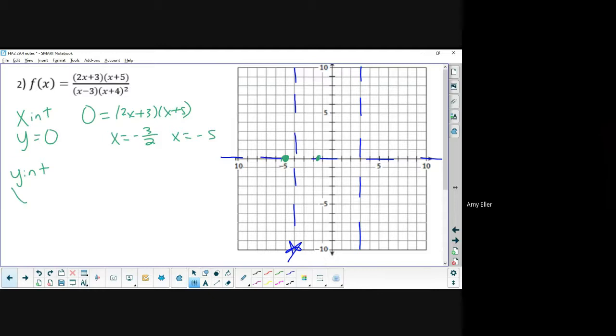Next is the y-intercept, set every x as 0. Bless you.